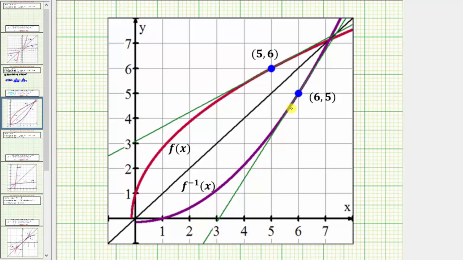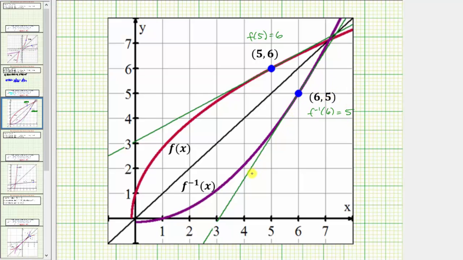In part A, we were asked to find the value of f inverse of 6 given by this point, but to determine the inverse function value, we actually found this point in the original function because the point 5, 6 represents the function value f of 5 equals 6. So because we found f of 5 is equal to 6, we knew that f inverse of 6 was equal to 5, which again graphically gave us this point on the inverse function.